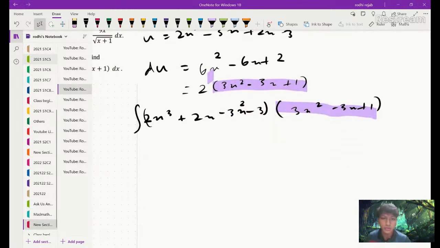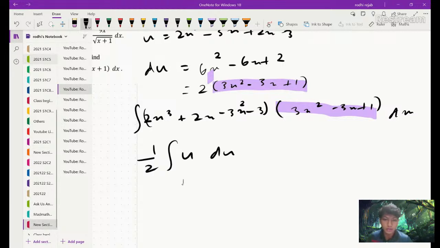So it will be, here we have the dx here. So it will be 1/2 u du.